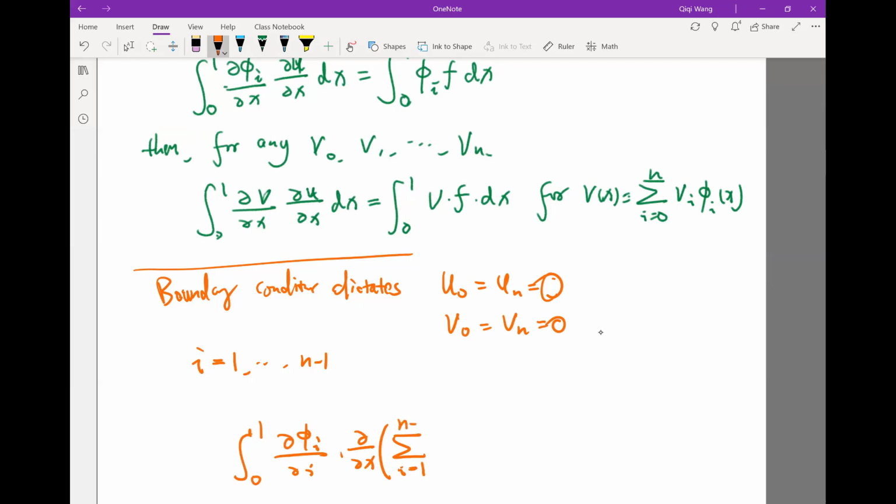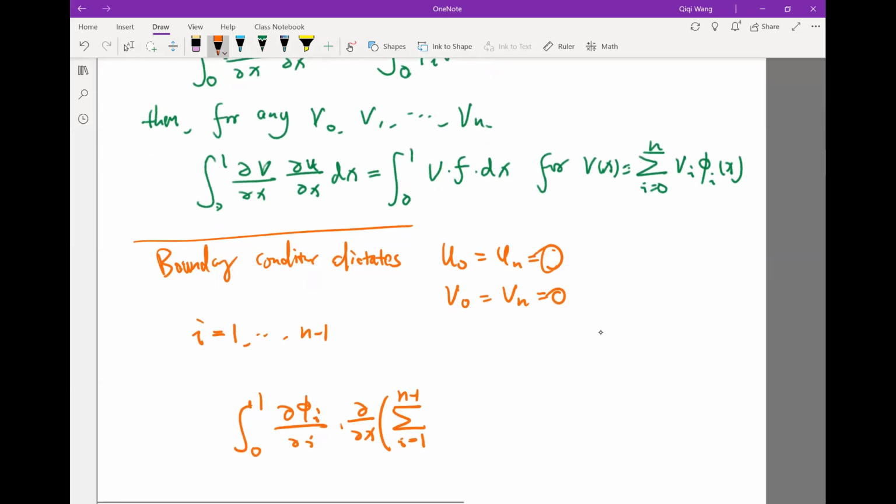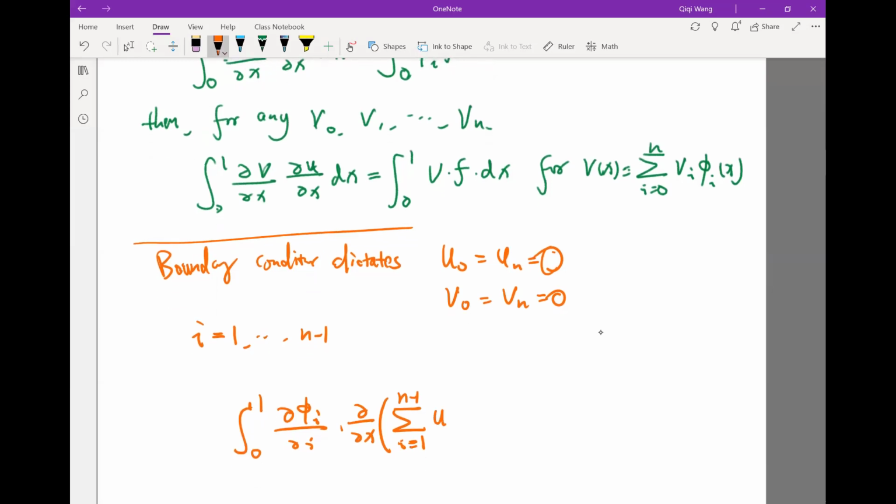The sum from 1 to n minus 1, since for i equal to 0 and i equal to n we have 0 coefficients. Let me not confuse ourselves with duplicate indices. We already used i, so for this summation we use j. I'm representing my u as a linear combination of u_j with phi_j's. This would be equal to the integral from 0 to 1 of phi_i times f.